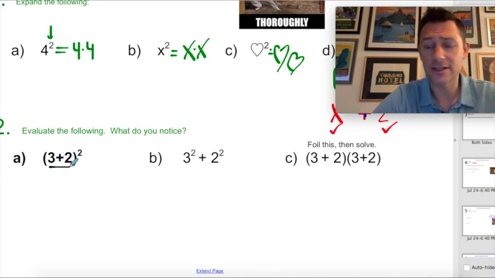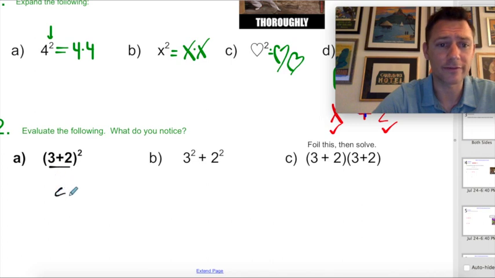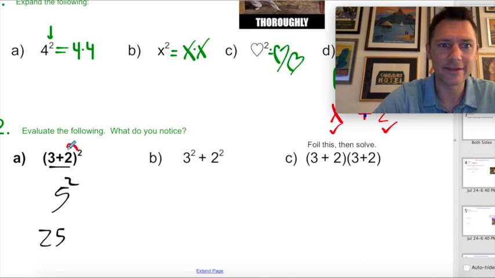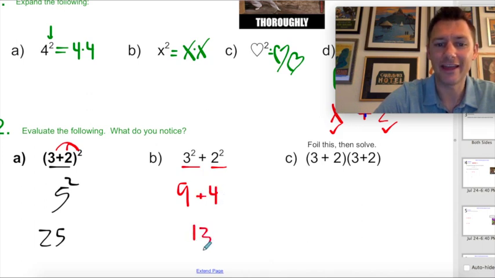Order of operations says that's the most important, so do that first. That's 5 squared, and when you square 5, that should be 25, right? If you make the grave mistake of dropping this into here and getting this and this, when you evaluate it, this is 9 and this is 4, and that's 13, and that's not equal to 25.